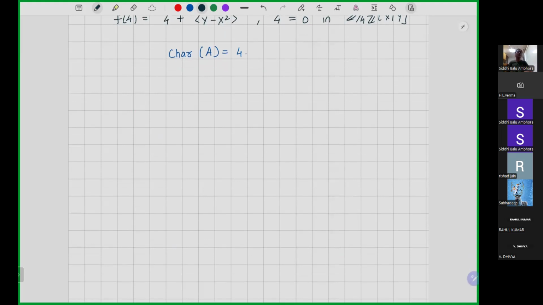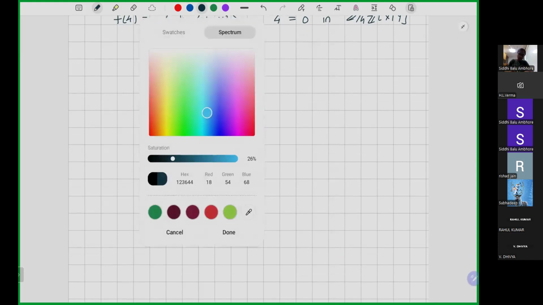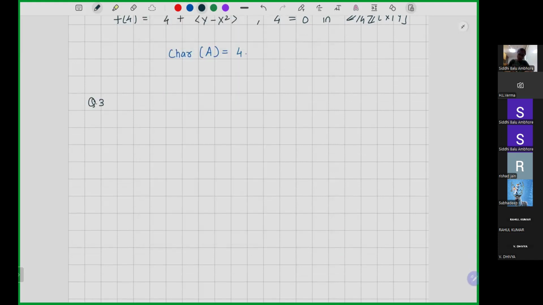Okay, so we will move to the next question now. It is question 3. Oh, sorry, question 4. Let R be equal to K[x1, x2, x3, x4], where K is a field.